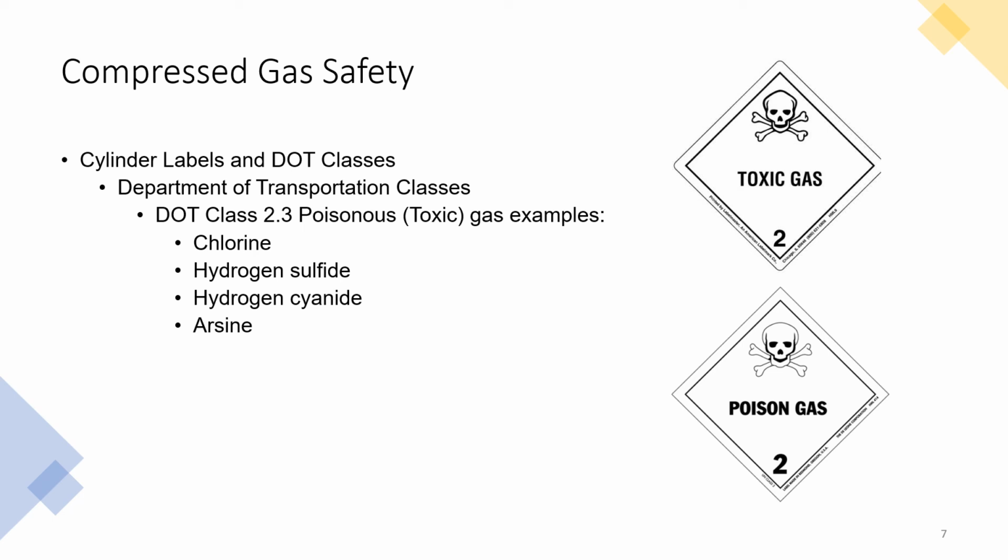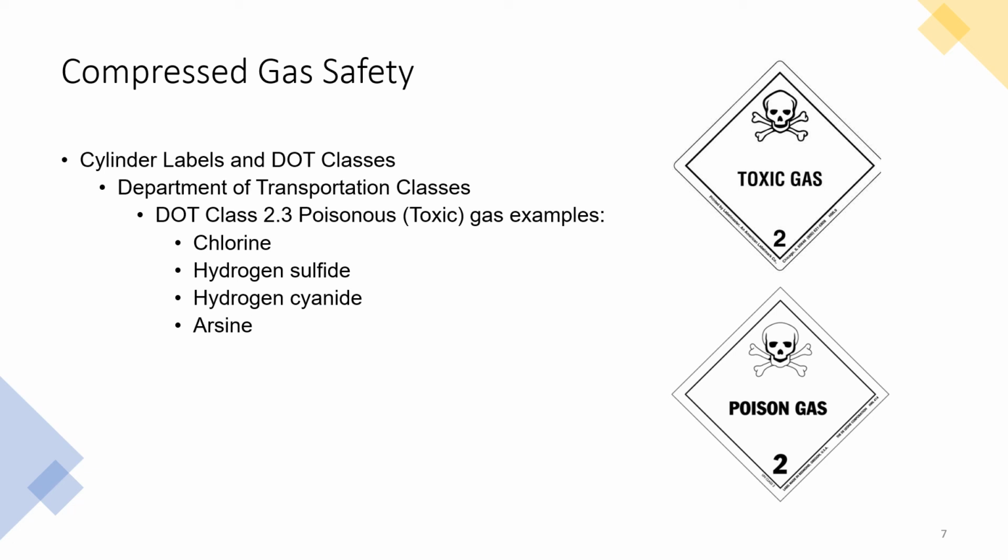They're used very sparingly, but you will find them out there. The arsine and chlorine are used in things like semiconductor manufacturing and other types of manufacturing. So they are out there, very specialized gases, so they're not very common.